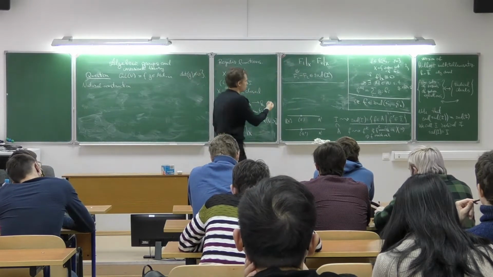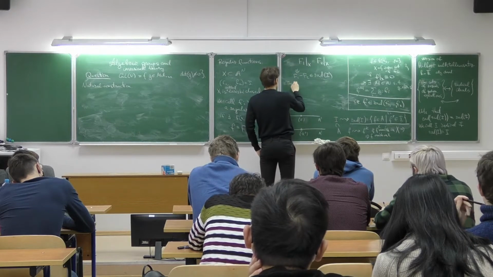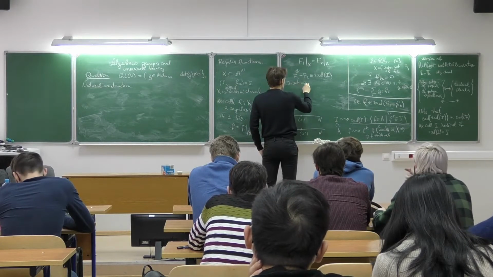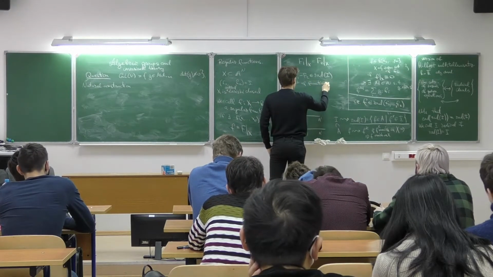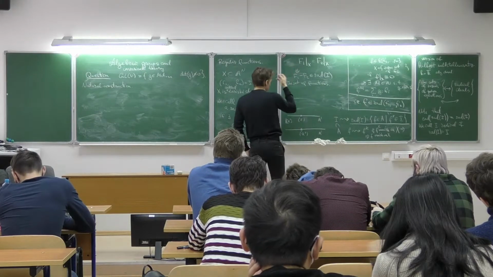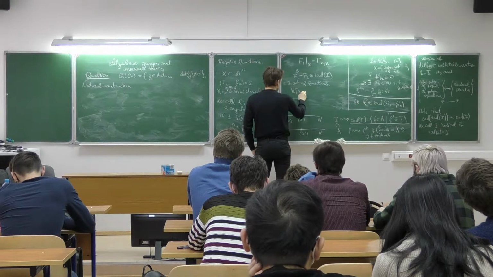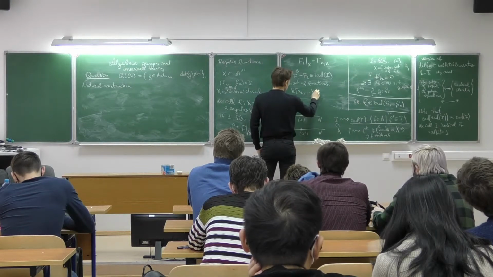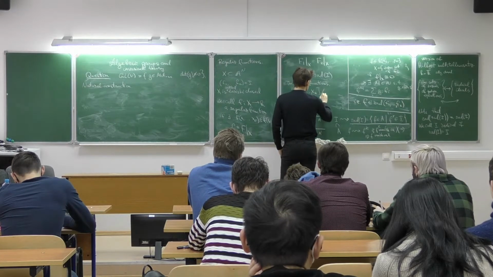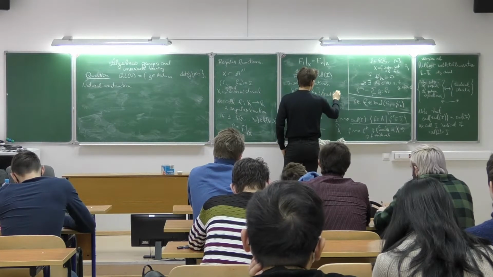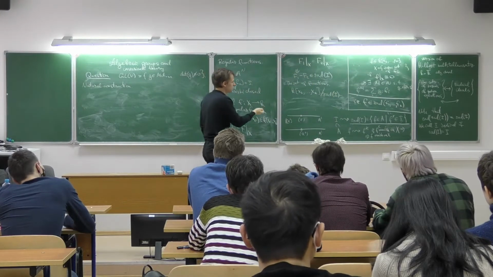So this means that the set of functions on X is just the polynomial ring modulo the radical of the ideal. This is precisely what the Hilbert Nullstellensatz tells us.